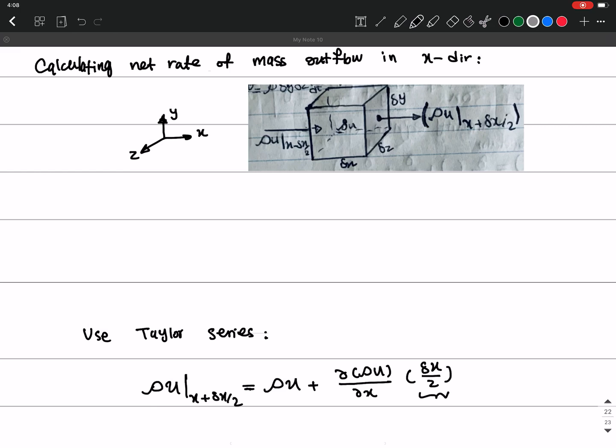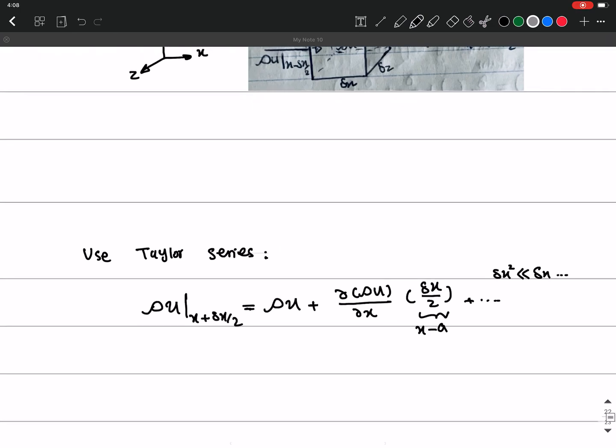And this is just x minus a, if you look at your notes for the Taylor series, right? And then we have other terms that we can neglect because this delta x is small. So delta x squared is going to be much smaller than delta x, and so on, so we can just neglect those terms.